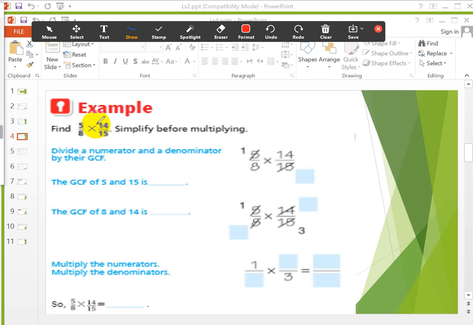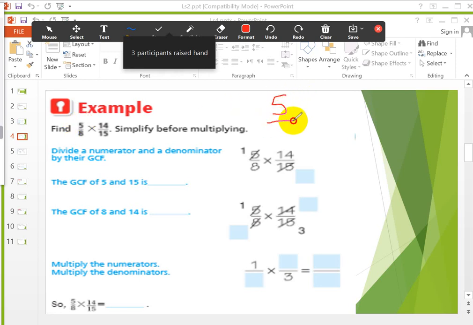So that means I can choose 5 and 15, the numerator from the first fraction and the denominator from the second. There is a common factor or greatest common factor between those numbers. Thank you, Mariam. What is the greatest common factor? It's 5. I will write it here for you.